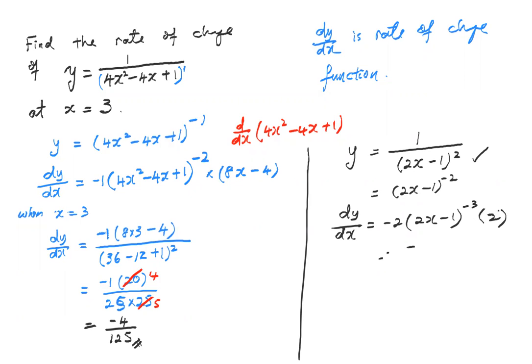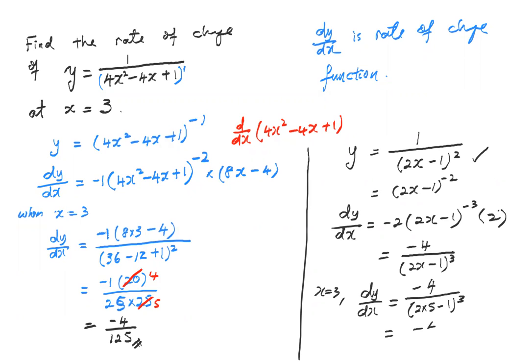So this is -4 over 2x minus 1 cubed. X equal to 3 dy dx. Haha. How much time have been saved? Without calculator, how much time have been saved just for this little gesture here?